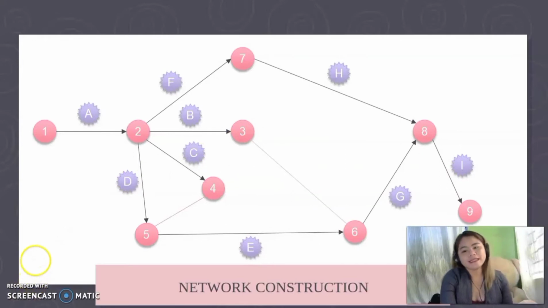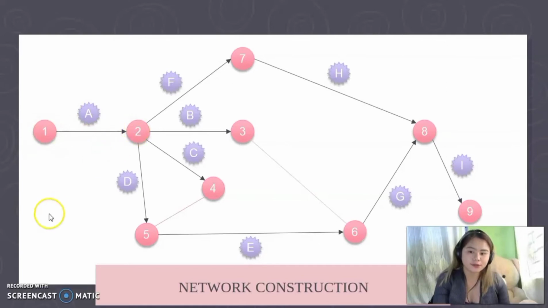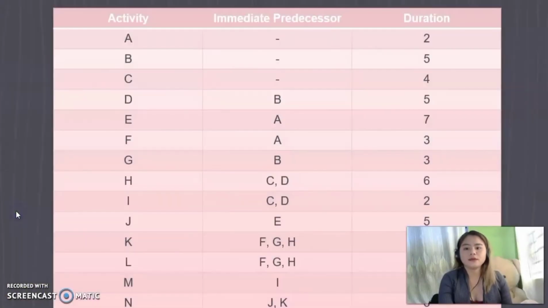So the first one here is the tail event, and the completion event here is the head event. So in order to complete the first activity, which is activity A, we need to have two nodes, 1 and 2.